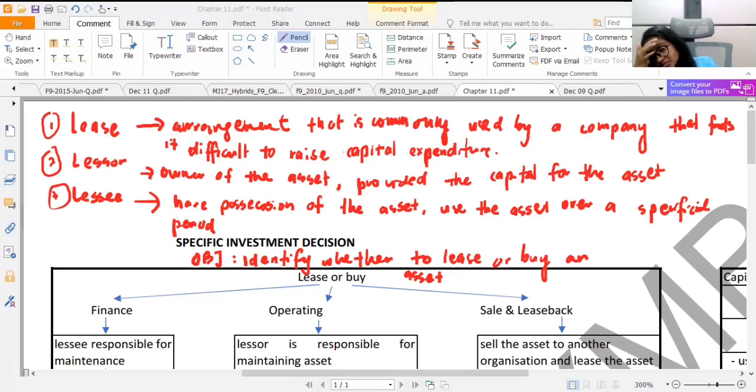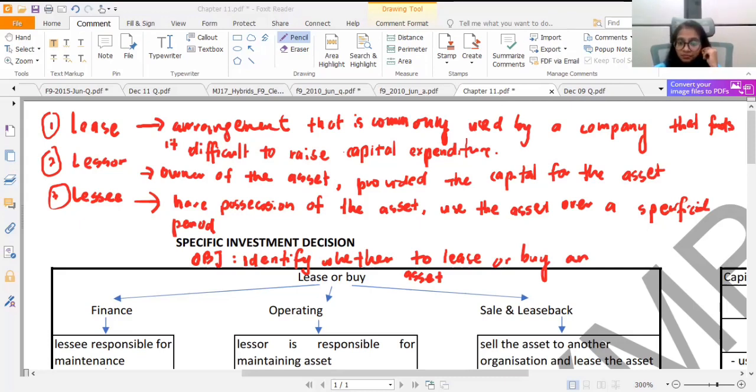As a result of that, even though you are a lessee, you still have advantages, which are, number one, you get tax saving on the lease payment. Even though you are not the owner of the asset, you have a tax saving on the lease payment. So even though you pay leases and you are not the owner, you still manage to get a tax saving.